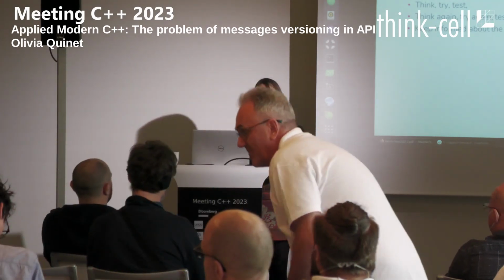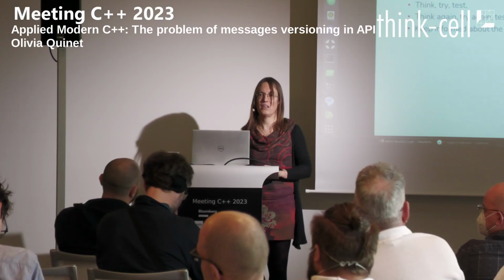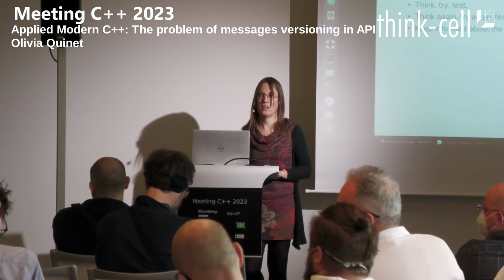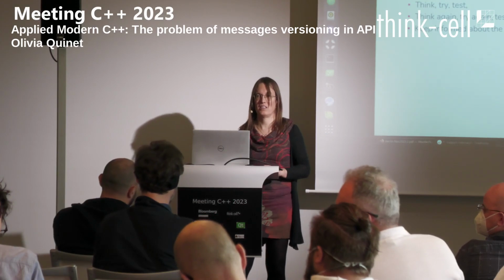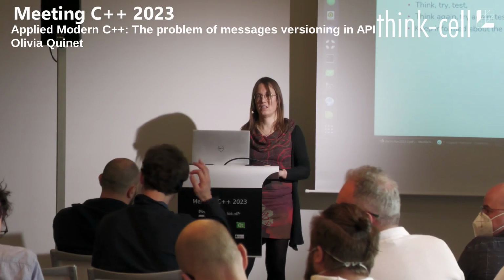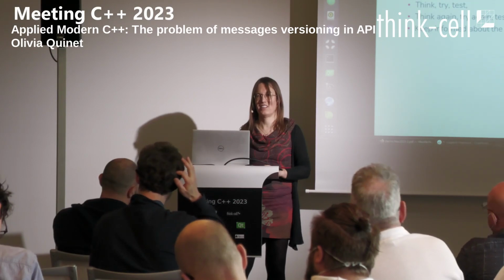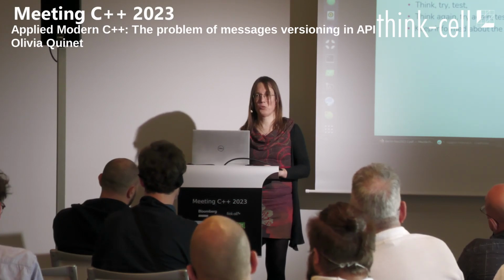Hi, thank you for the talk. My question is, I understand that you build the conversion chain from the latest version all the way until the first one, right? Yes. But did you think of making a shortcut from version 4 to version 1, to skip intermediate conversions? Yes, you can do that.